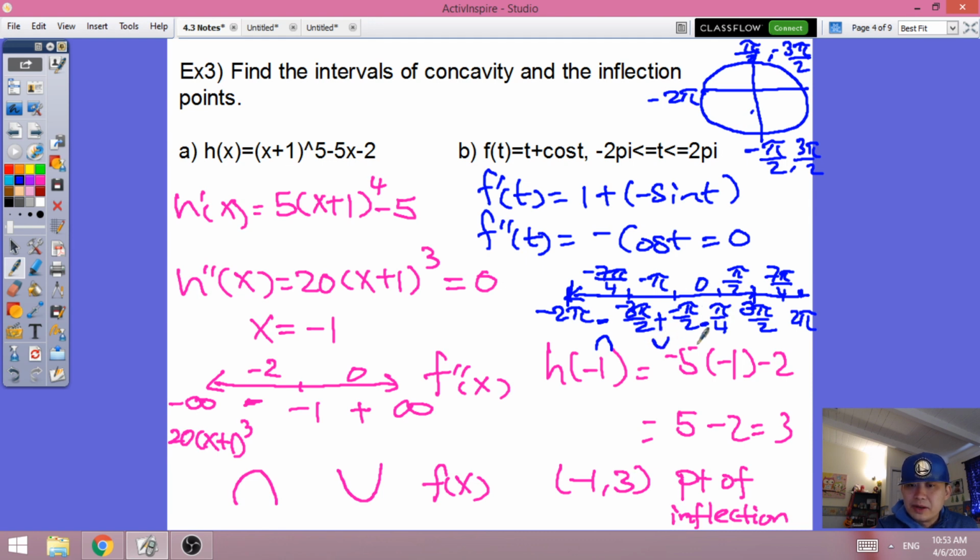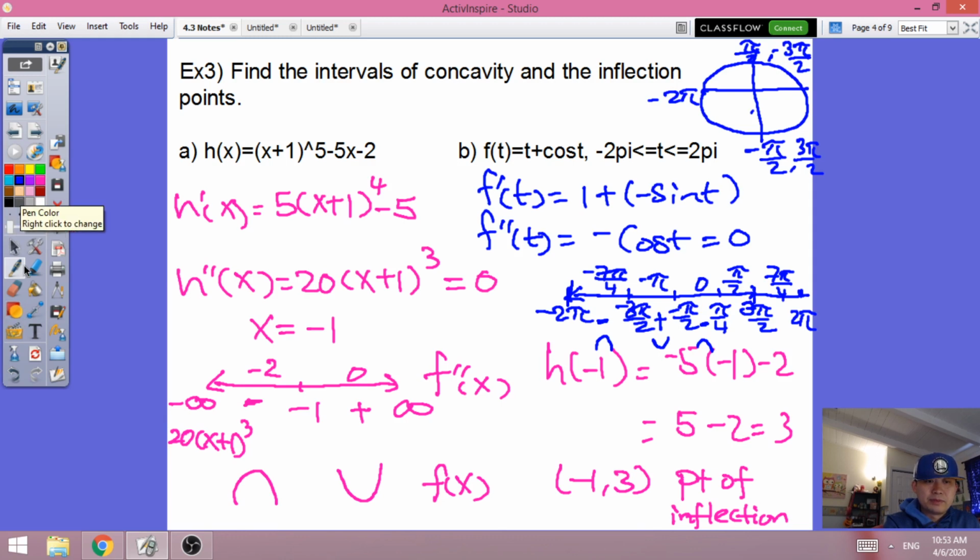So here's concave up, concave down. And then pi over 2. So cosine of pi over 2 is 0. This one, let's see, pi over 2. Oh, you know what? Pi over 2 is supposed to be one of the numbers here. We cannot use pi over 2. I made another error here.